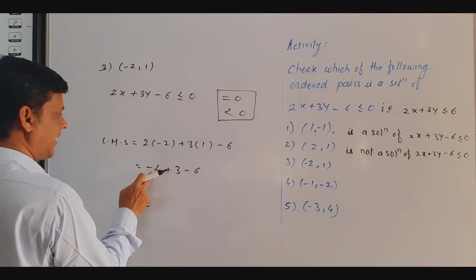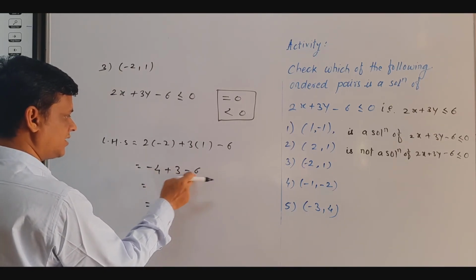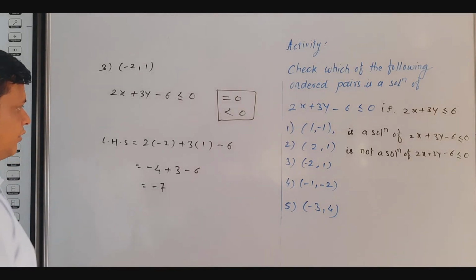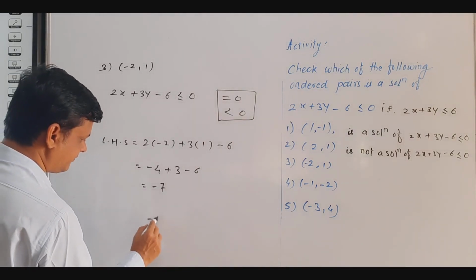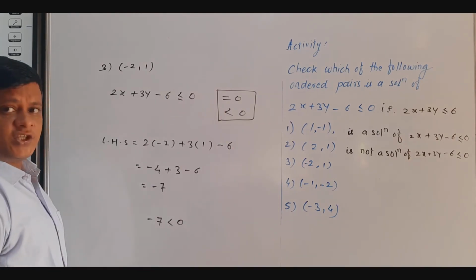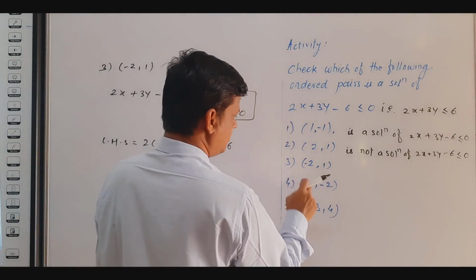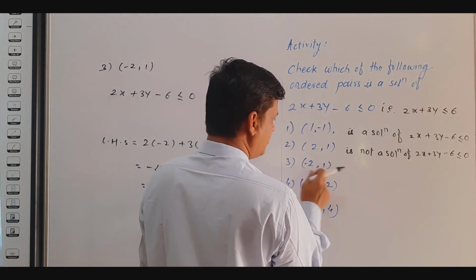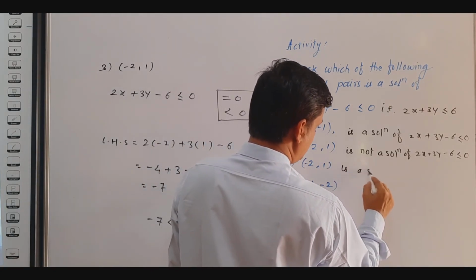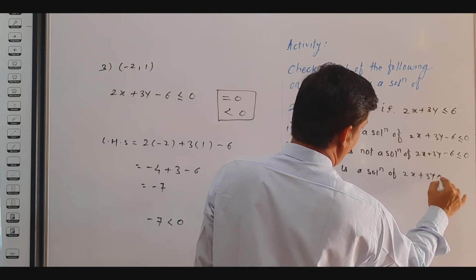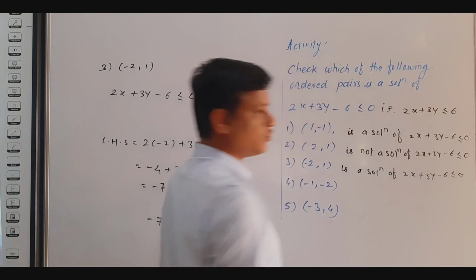So -4 plus 3 is -1, and -1 minus 6 is -7. And we know that -7 is less than 0. So from this we say this ordered pair (-2, 1) is a solution of 2x + 3y - 6 less than or equal to 0.